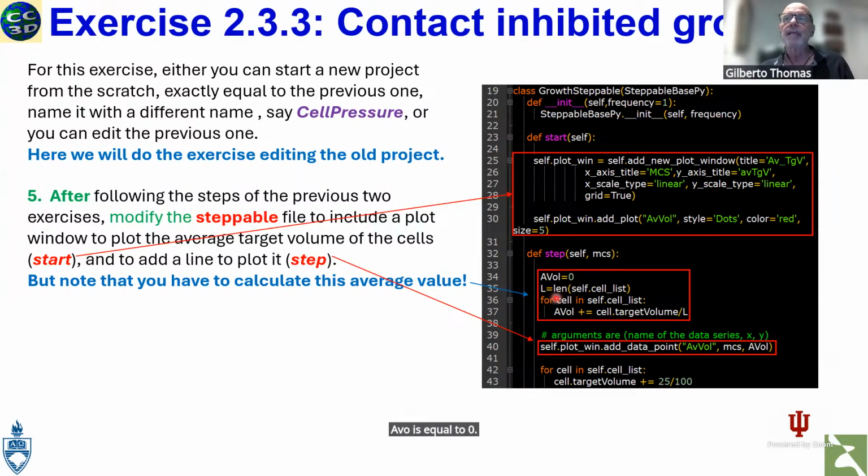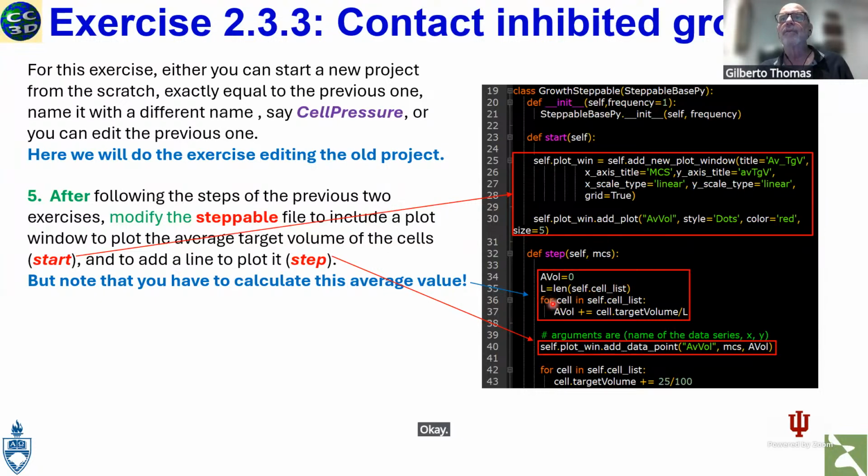Then I measure how many cells I have in my cell list. This is what this line does. Length of cell list gives you how many elements you have in the list. Okay?